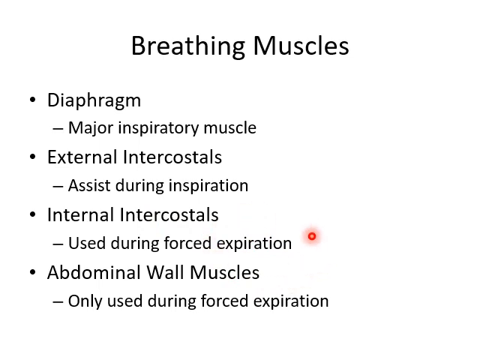So they're going to try to close down the rib cage and squeeze air out. The abdominal muscles can help with forced expiration. If those abdominal muscles contract, they are going to push on the guts, which is going to push up on the diaphragm, push the diaphragm up into the rib cage, and squeeze those lungs down.